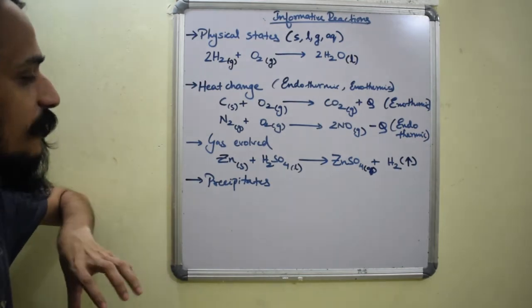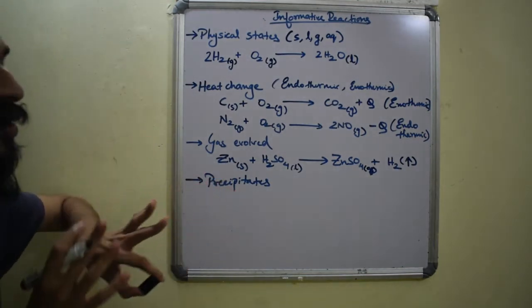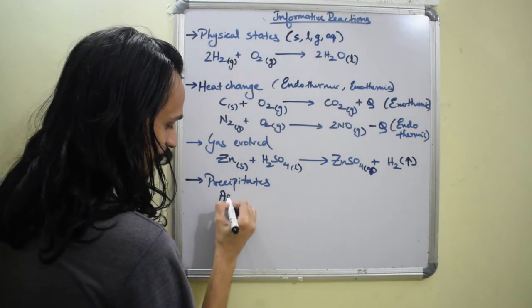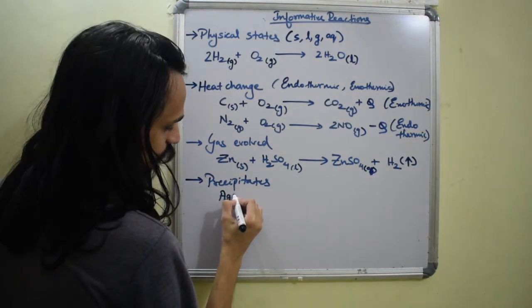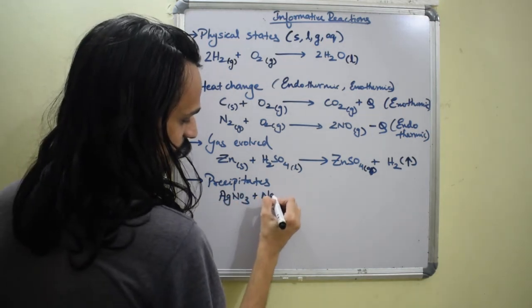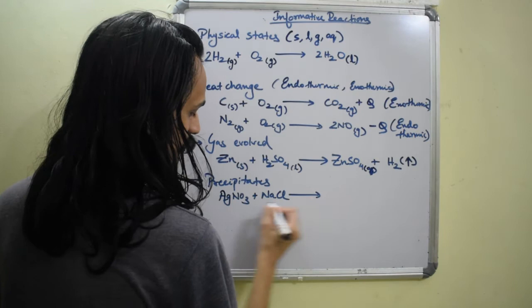Whenever a precipitate is created, how do I denote it in the equation? So I'll give you another example of silver nitrate plus sodium chloride, which is common salt.